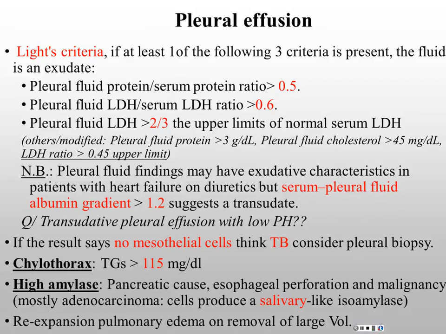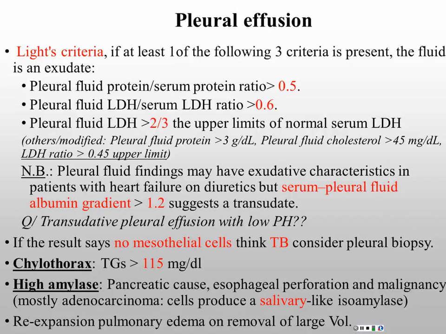Only transudative pleural effusion with low pH. Anyone knows which type? So you have a transudative effusion by criteria, and the pH is very low, 6. So that will be urinothorax. So if the patient had a previous renal surgery, sometimes there is a leak and it can track into the pleural space.